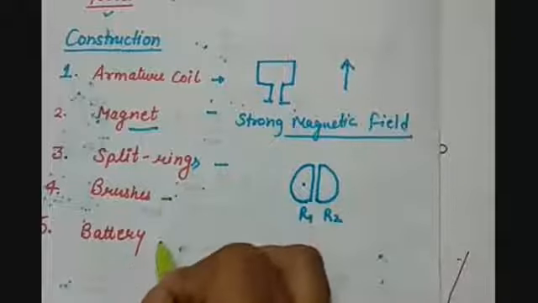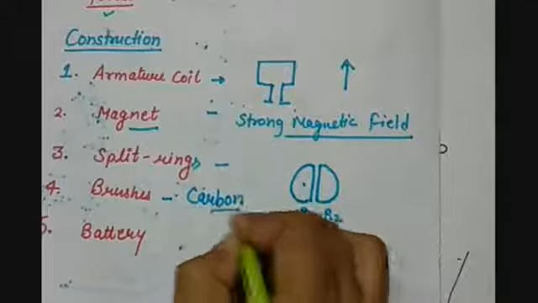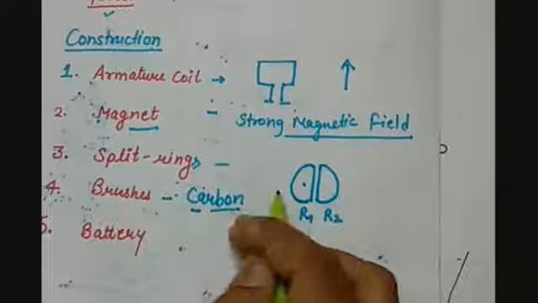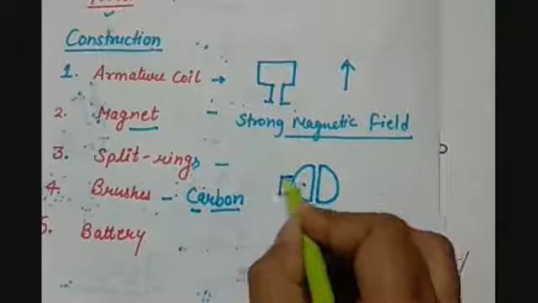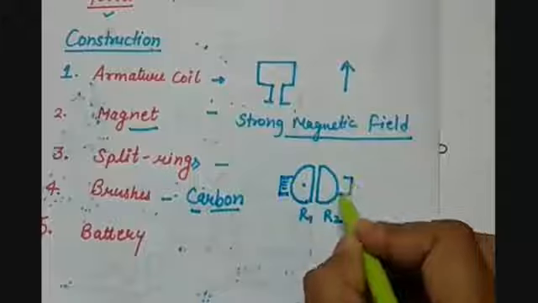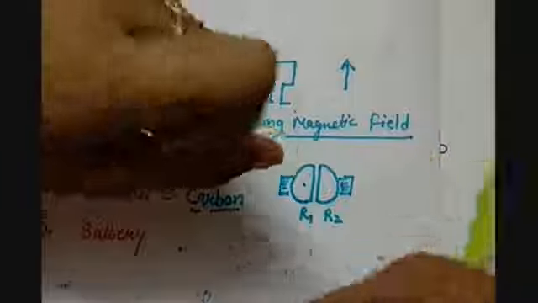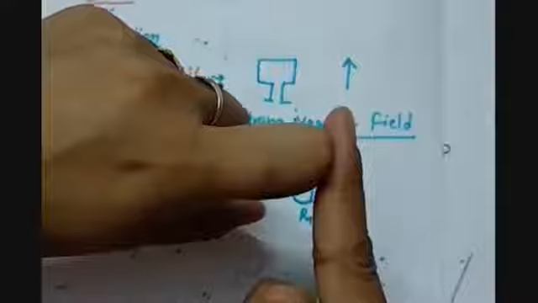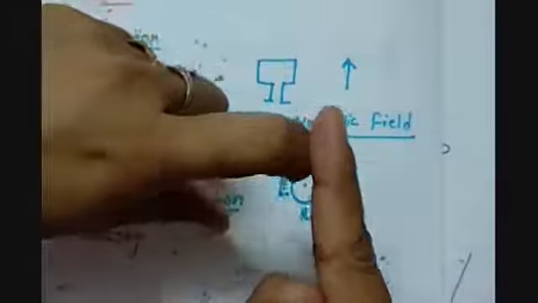Then we have brushes. Actually, these are carbon brushes. These are simply brushes to convey the current to the commutator, and they are placed near the split rings on both sides. This is just like a toothbrush attached to this, and when our commutator is rotating, only the commutator will rotate, but the carbon brushes will stay in contact with it.